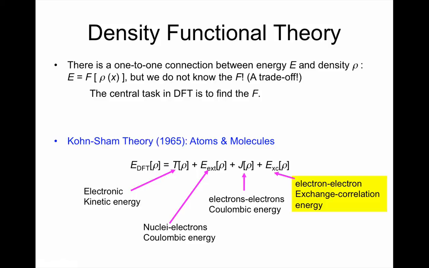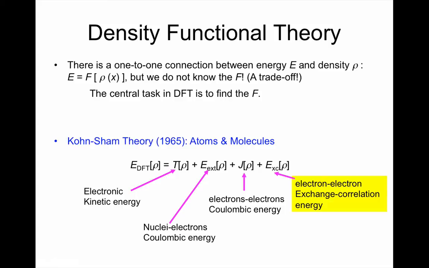And in addition to this, we also have to take care of the spin variables in the wave function. So it seems that the complexity can be reduced very much by focusing on the density instead of the wave function. And for this, we can use the connection between the density and the energy. And again, the problem is that we really don't know what this F, the functional that connects the density with the energy, looks like.